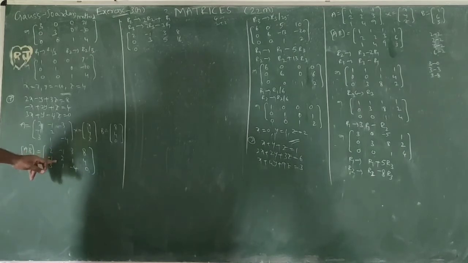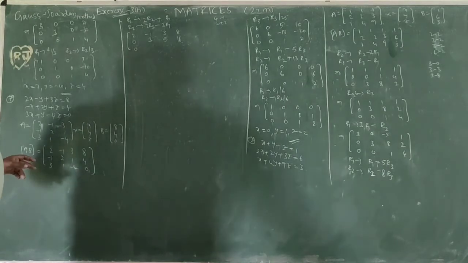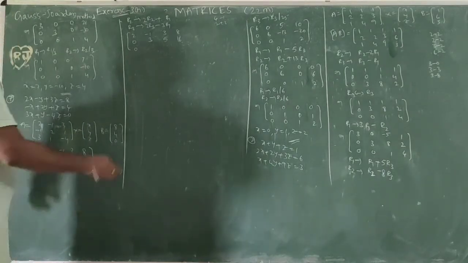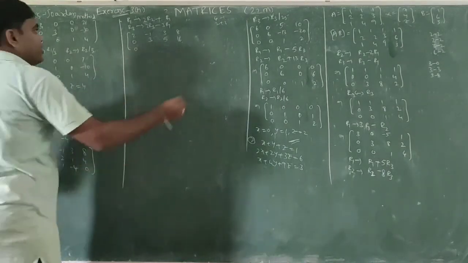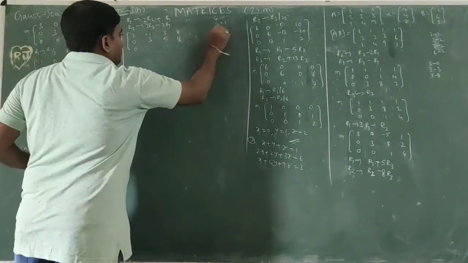Next, 2 into 2, 4, minus 1, 3. Next, 2 into 1, 2, plus 3, 5. 2 into 4, 8, plus 8, 16. Okay, next, coming to this one, 2 into 3, 6. 3 into 2, 6. 6 minus 6, 0.